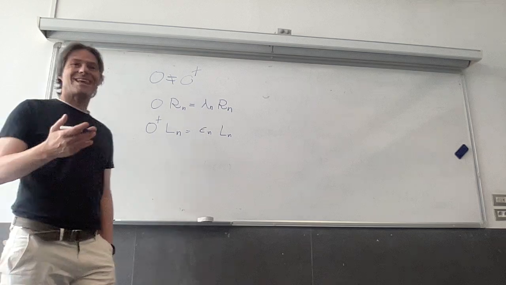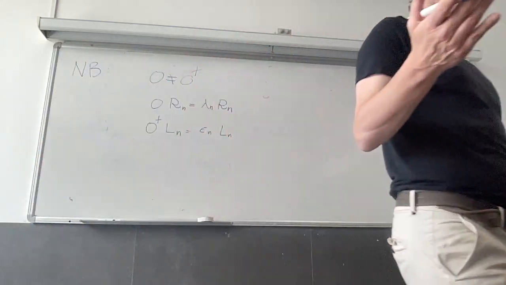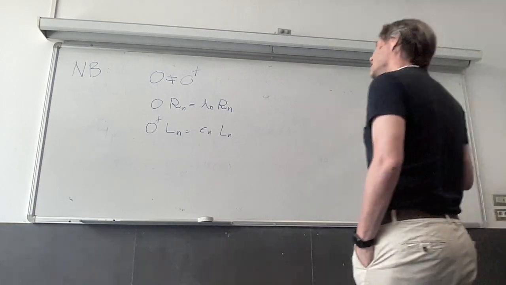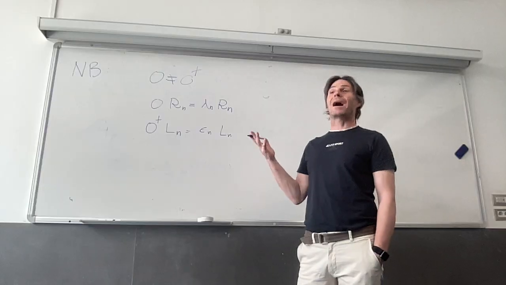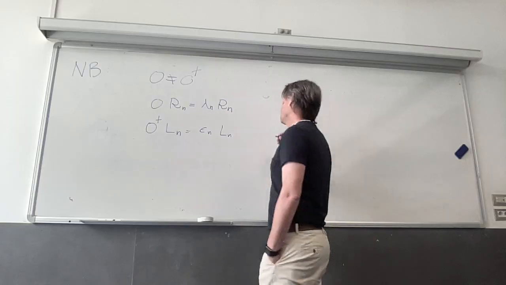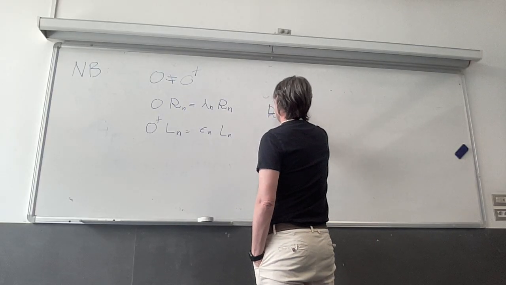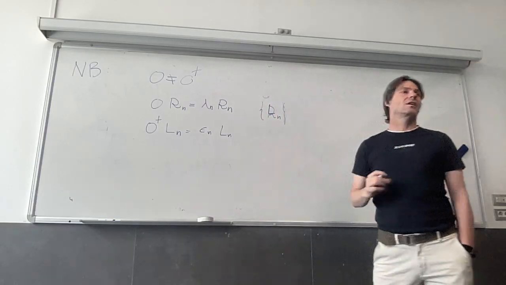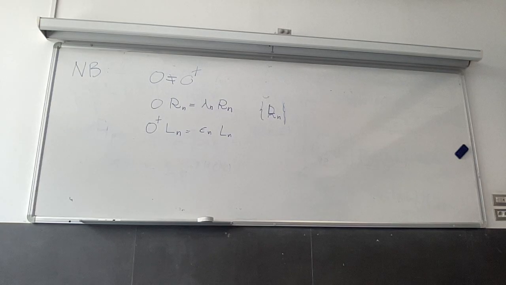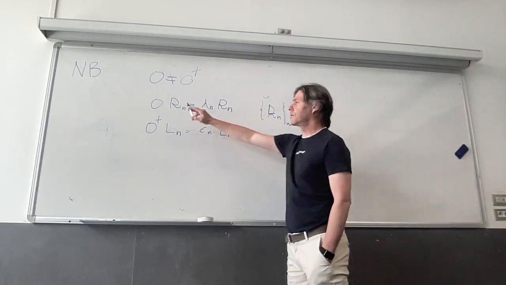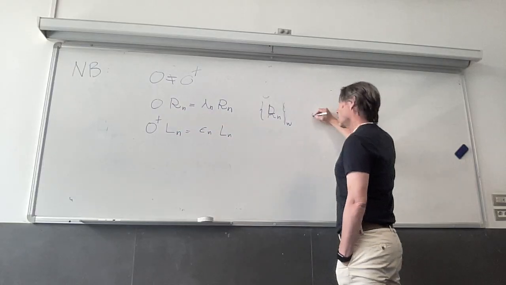They don't form a complete set of eigenfunctions, and the eigenvalues are not even real. So we have no guarantee about basically anything. There might be eigenvectors and eigenstates. In general, we cannot exclude this opportunity. But if there are eigenvectors, R of n, the set of eigenvectors, and I'm labeling that with a discrete index, but it could well be that under certain conditions there is a continuum label, like for plane waves in quantum mechanics.